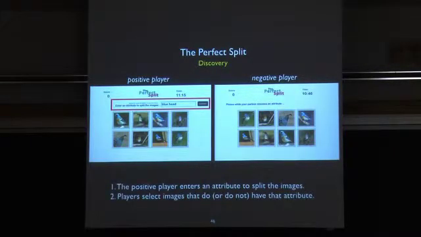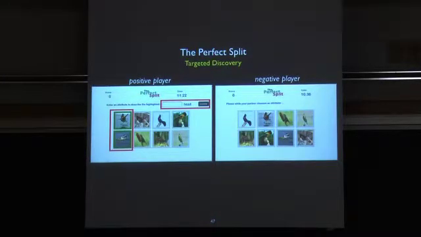And then that attribute gets propagated to both players, and then they go ahead and select things that have the attribute and do not have the attribute. There's a third mode, which I call the targeted discovery mode, where the positive player gets a set of images, but some of them are highlighted already for them. So what they have to do is enter an attribute to distinguish the ones that are highlighted from the ones that are not highlighted.